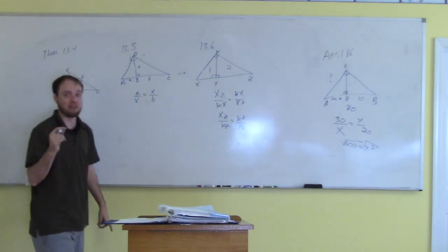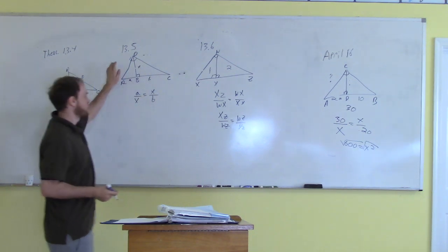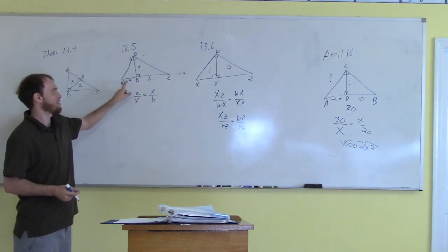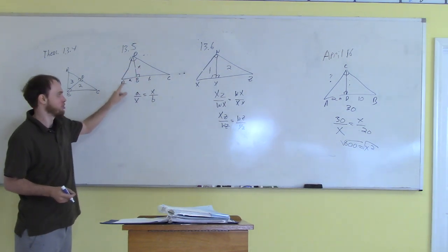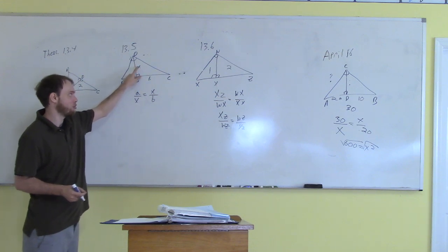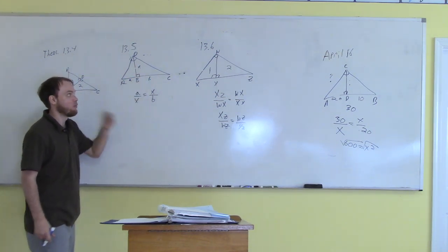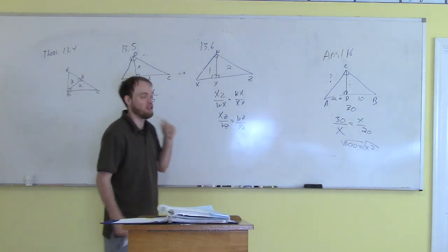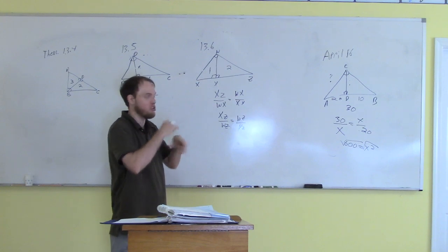And so one more time to review, just make sure we're clear. Theorem 13.5, you take the segmented leg of the hypotenuse over the altitude, so A over X equals the altitude over the other segmented leg of the hypotenuse, so X over B. For 13.6, you take the big hypotenuse over whatever hypotenuse of the smaller triangle you're looking at.